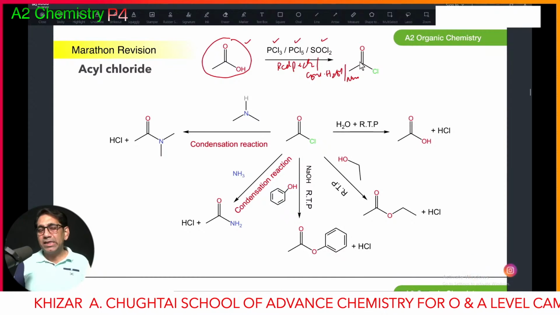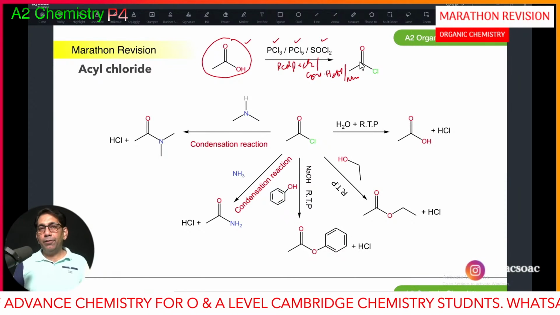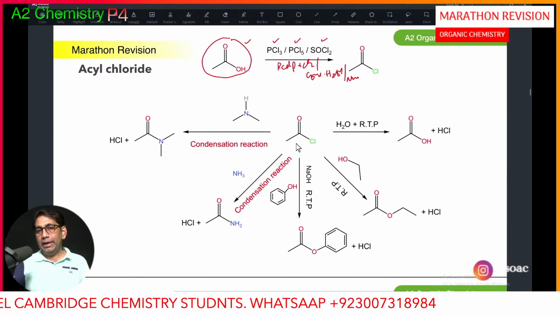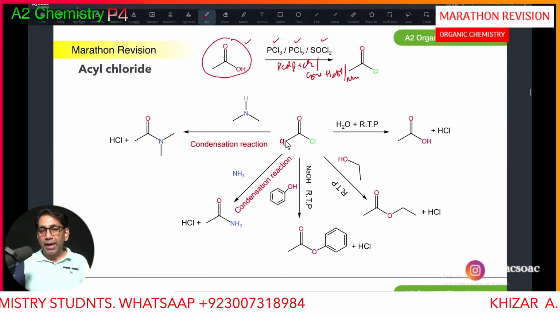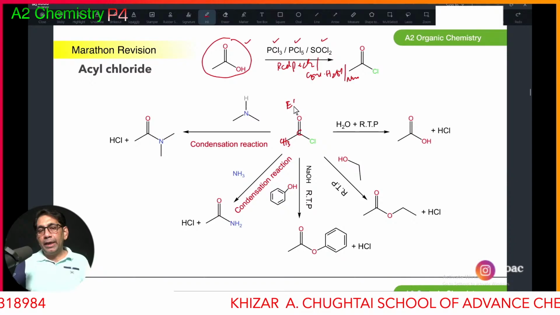This is the synthesis of acyl chloride. Now there are basically five major chemical reactions of this acyl chloride, and specifically speaking, it is ethanoyl chloride.